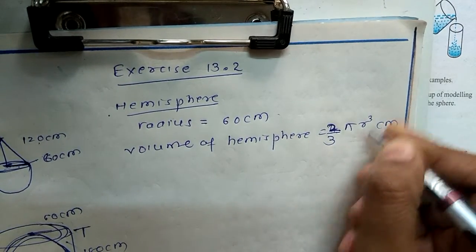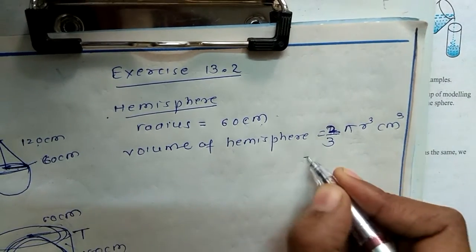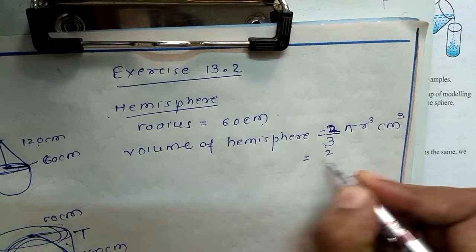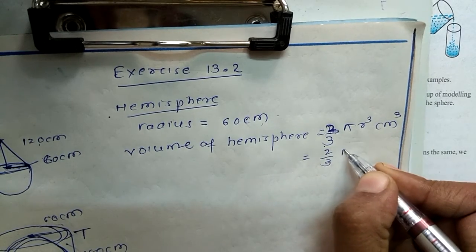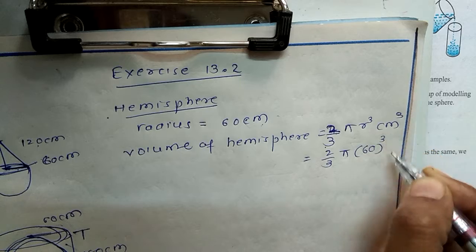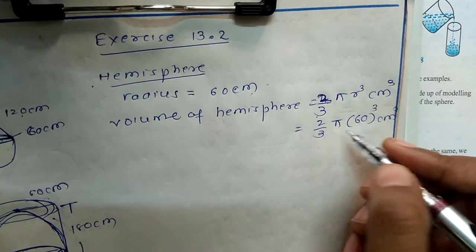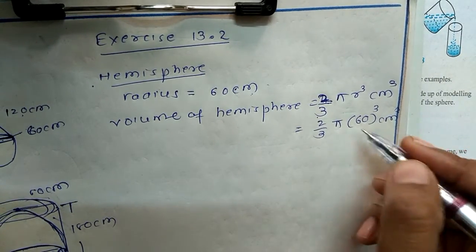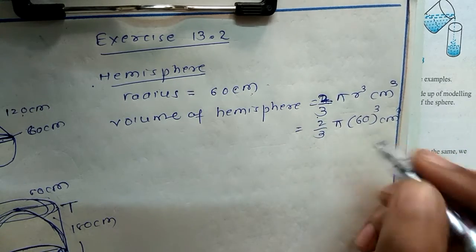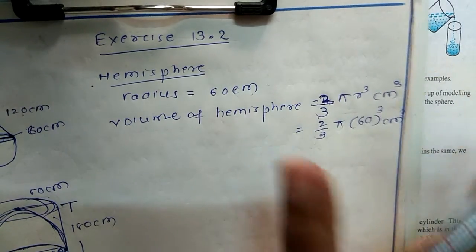Here the measurements are in centimeter, so cm cube. I'll keep this 2/3 pi as it is, and here r cube is 60 cube cm cube. Further, if it is possible, you can cut here, since 3 ones are 3, 3 twos are 6, only once you can cut. So further I'm going to use this part for the calculation, so I'll keep this as it is.